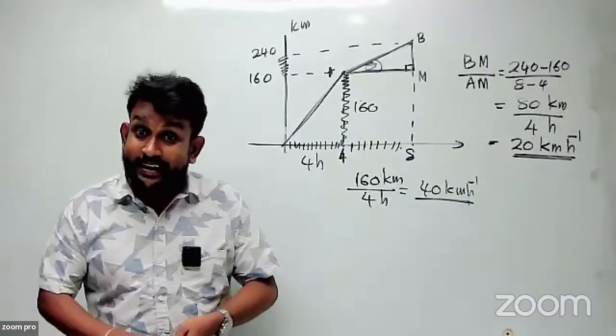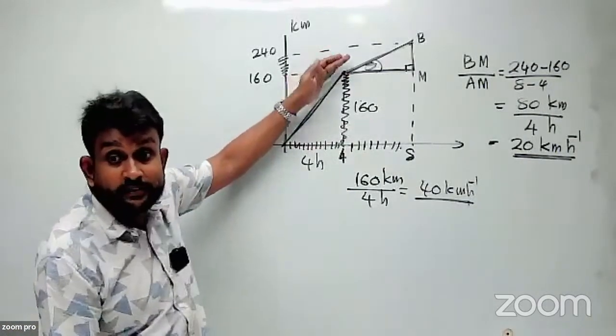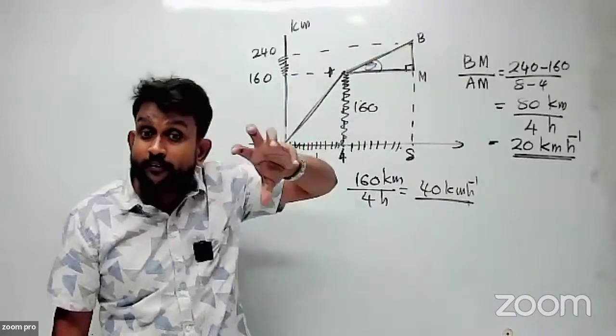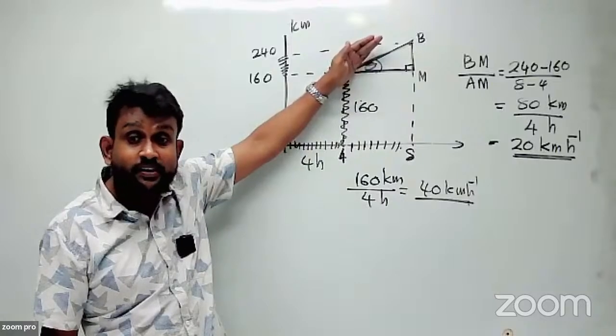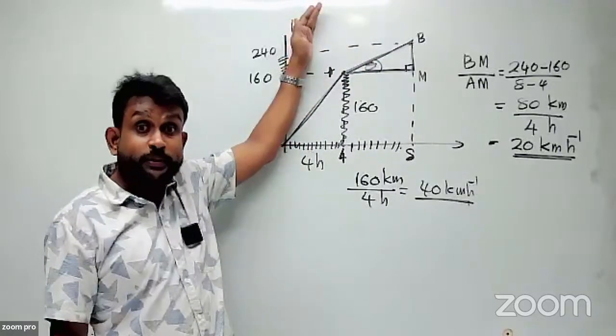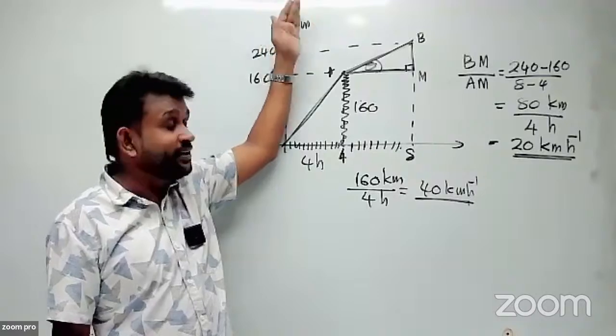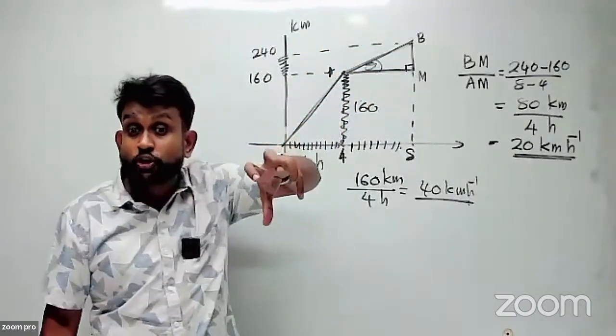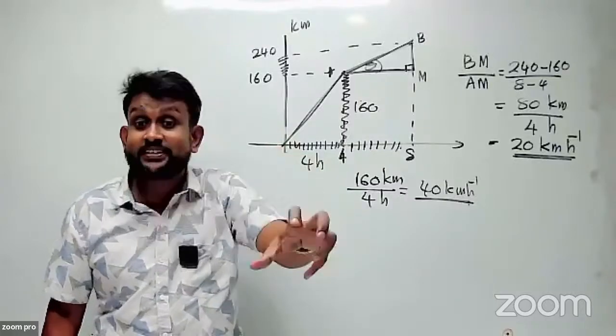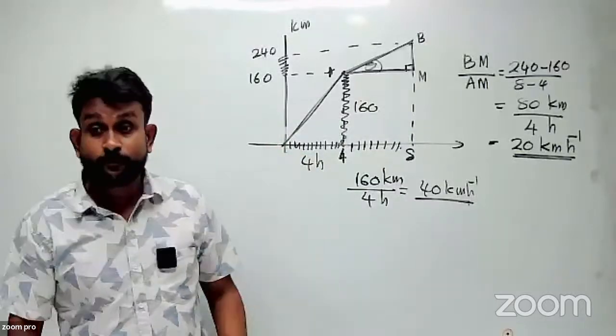So you can see that this speed is more than this speed. By looking at the graph you can see this has more inclination with the x-axis, so more speed. But when it comes at a lesser degree with the x-axis, lesser inclination, lesser gradient, lesser speed.